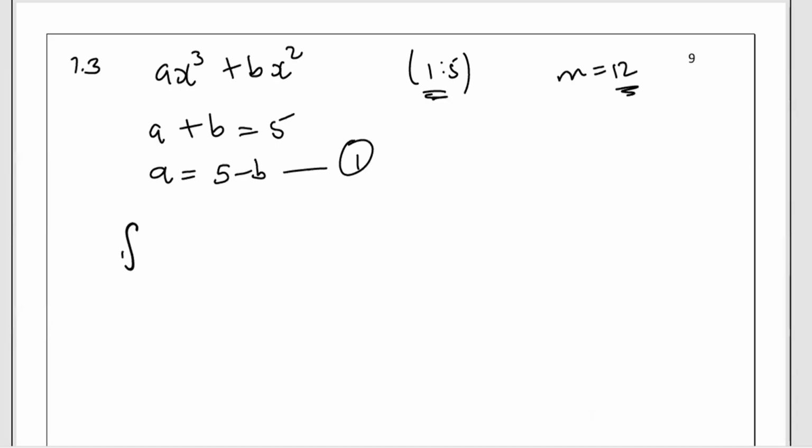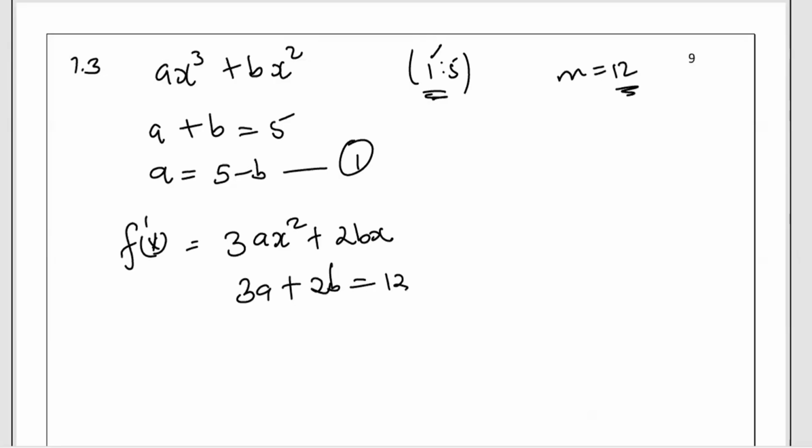Then for us to look at the gradient, we need to find the first derivative. So f prime of x is going to be 3ax squared plus 2bx. But if x is 1, the gradient is 12, meaning that 3a plus 2b should give us 12. Let's call that equation 2.